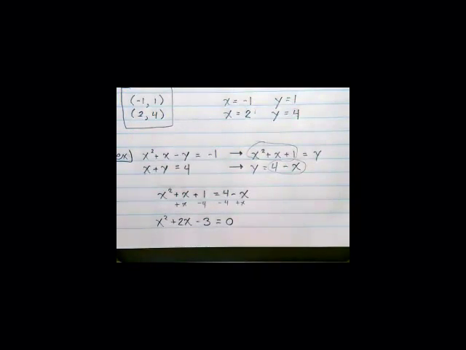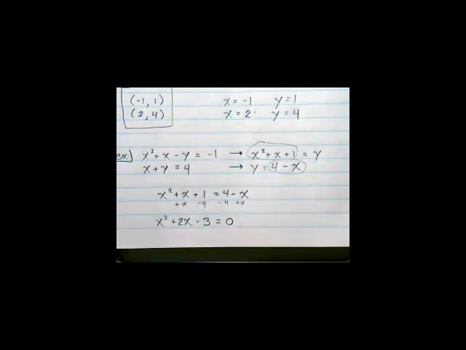Okay, so I'm going to do factoring on this one just because we haven't in a little while and it's good to brush up. So factoring is that process where we try to look for what two numbers add to the middle number but yet multiply to the last one. This one will factor, so we're going to do that.